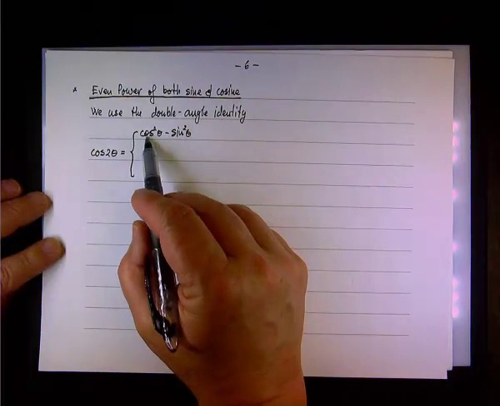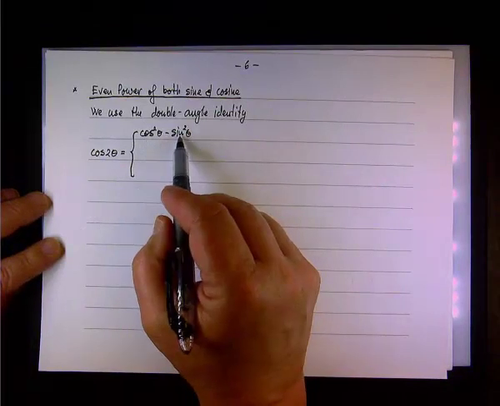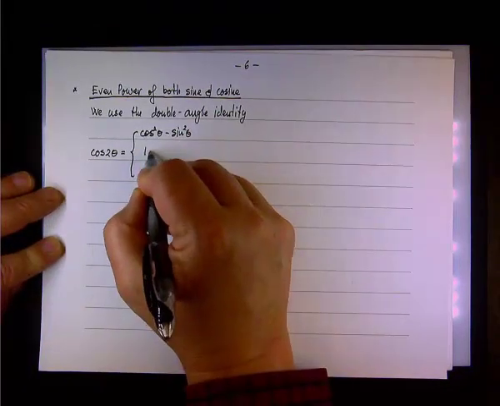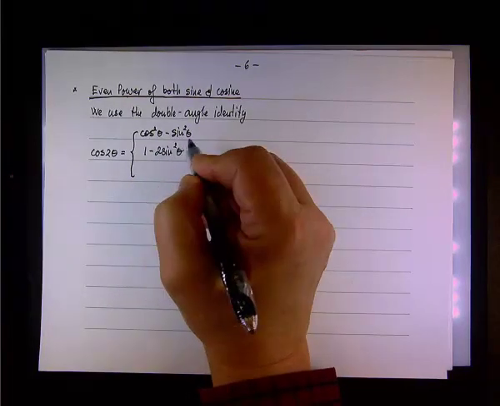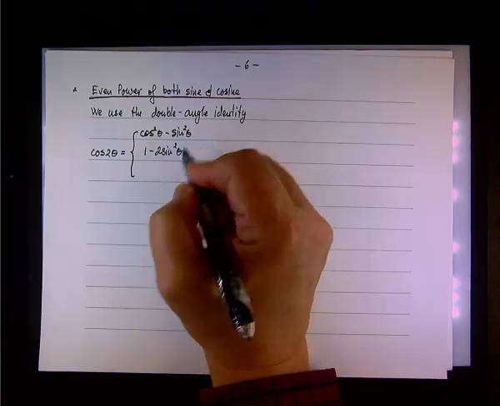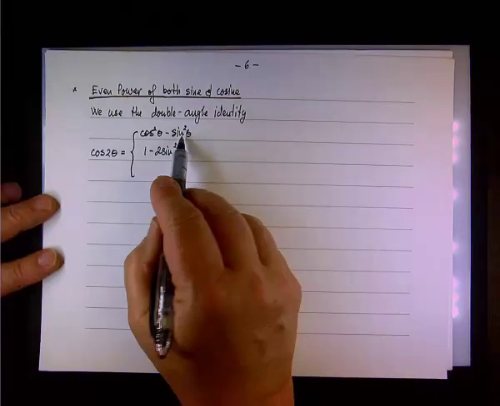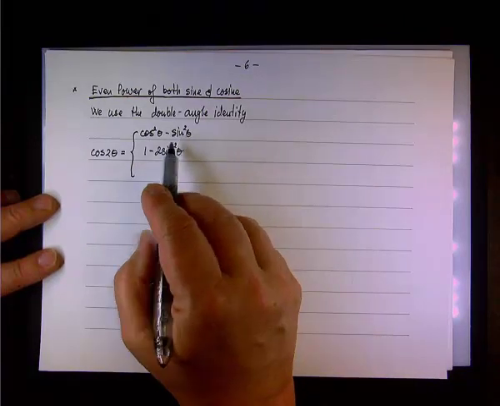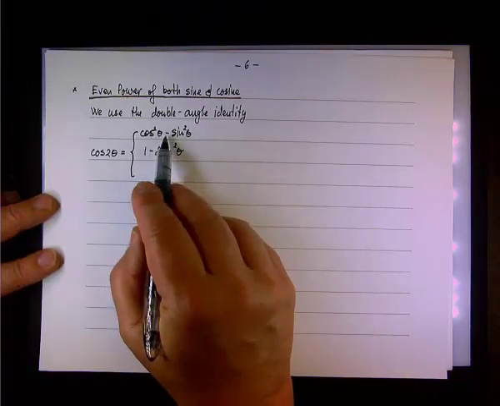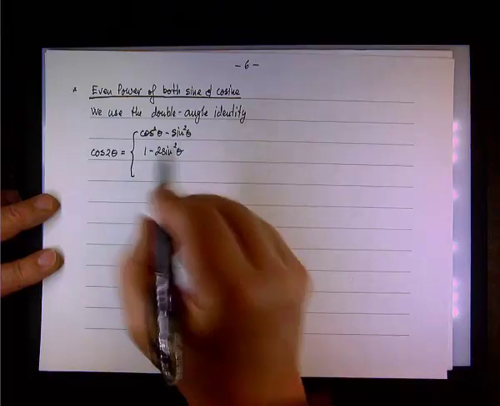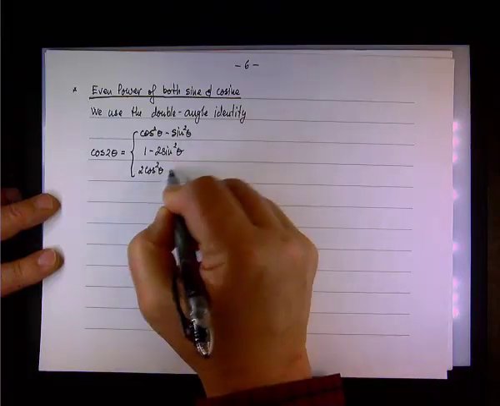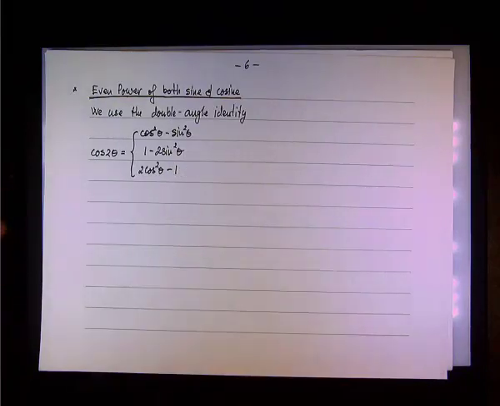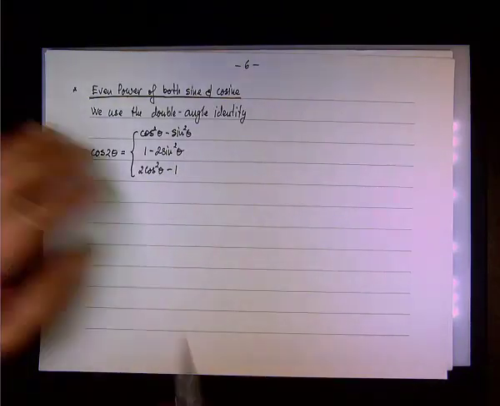Now, if you substitute cosine squared with 1 minus sine squared, then you have 1 minus 2 sine squared. And if you substitute the sine squared with 1 minus cosine squared, you have cosine squared minus 1 plus cosine squared, or 2 cosine squared minus 1.